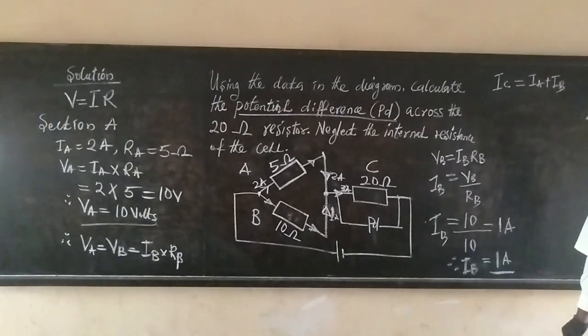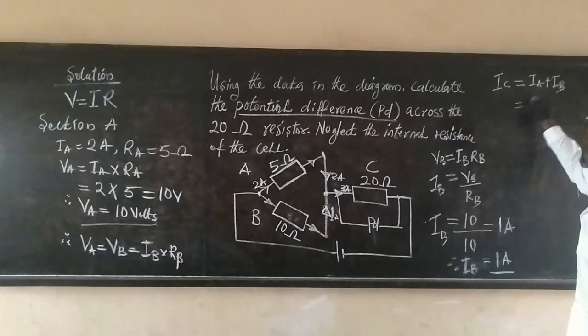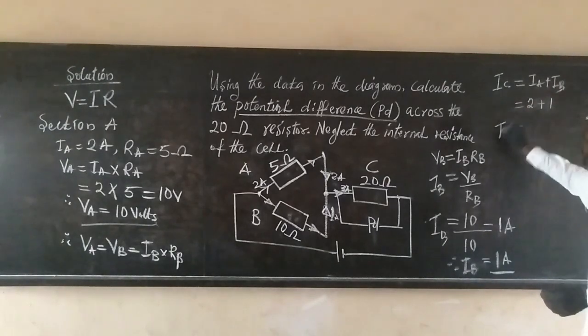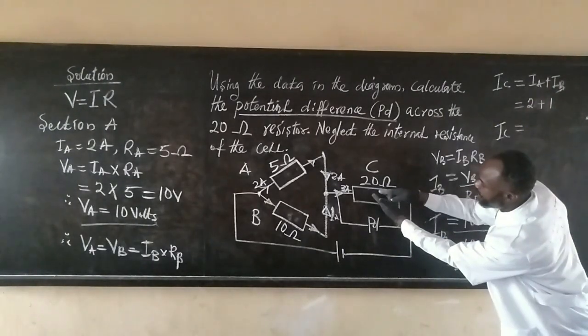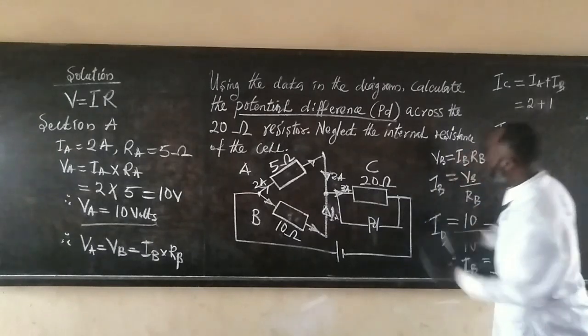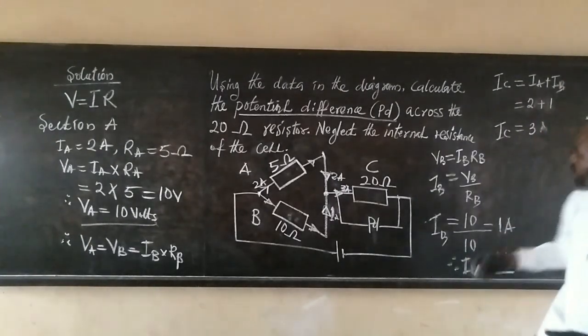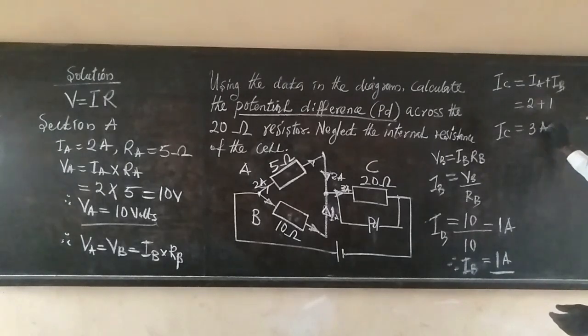For IA we have 2 amps. For IB, there is no need putting amps again, we have 1. And then IC, the total current flowing here, the combined current flowing into this, is now 3 amps. So we've gotten the current. We found the current flowing there, 3 amps.